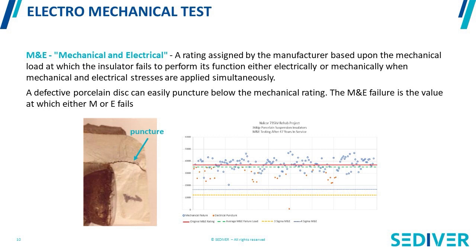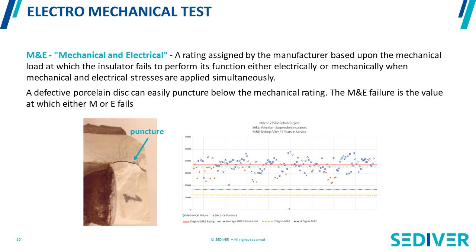You see the red line on the graph is the mechanical rating. And you see that there are plenty of dots above and below this line. The blue dots are points of the tests where you actually break the insulator mechanically. The orange dots are failures of some samples because of electrical puncture during the application of the mechanical load.